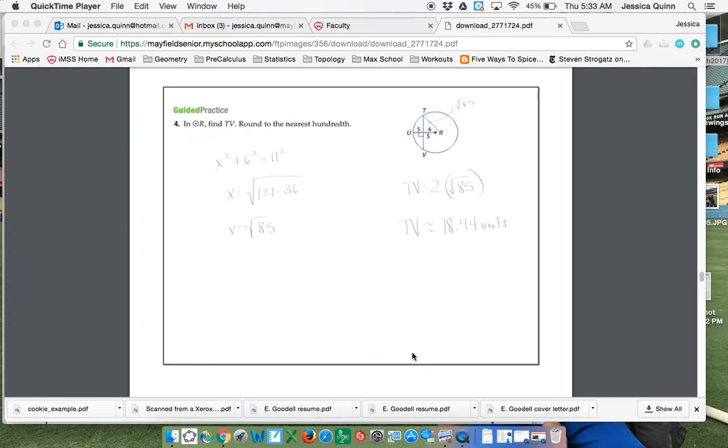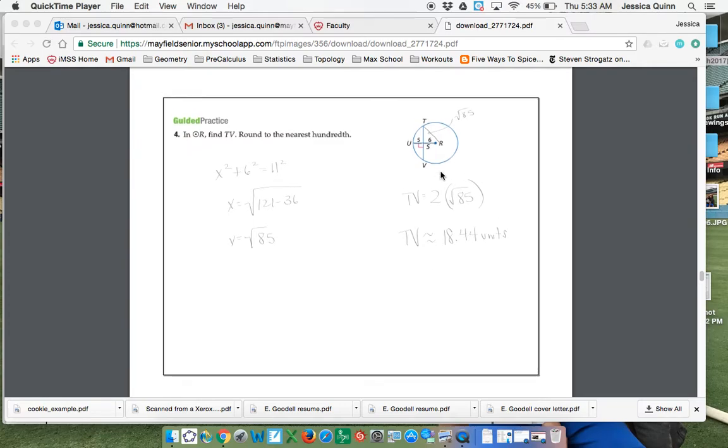So here's another example like this. Again, on yours you don't have this radius drawn, so you would draw the radius on there. US is 5 and SR is 6, so that means the whole entire radius is 11. When you add a radius here, that's also 11.